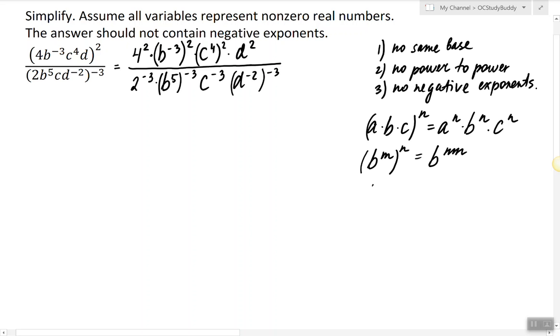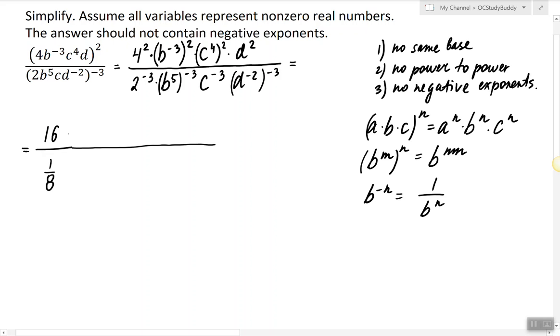And I'm also going to use the definition of negative exponent, which says that a number raised to the negative power is the same as the reciprocal of the same number raised to the positive power. That means 2 to the power negative 3 is actually 1 over 8, and 4 squared is actually 16.